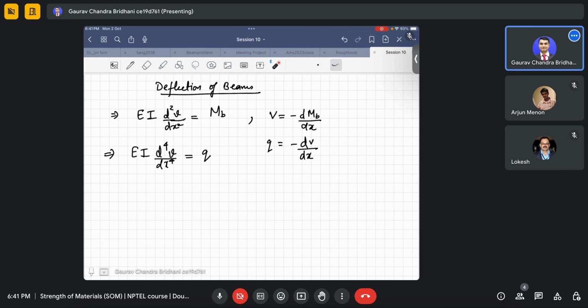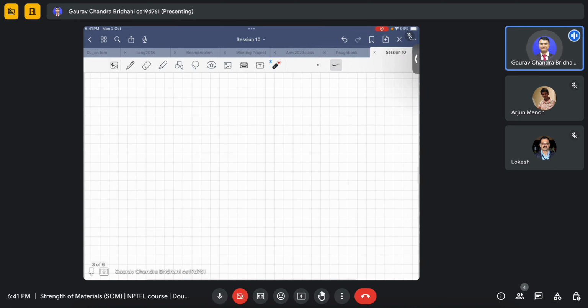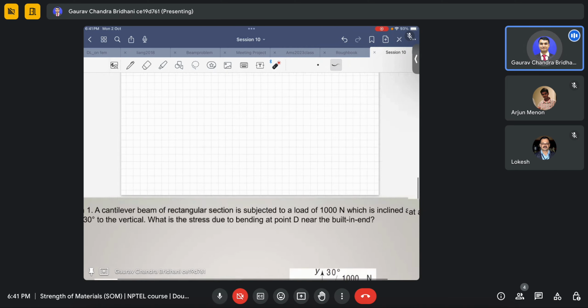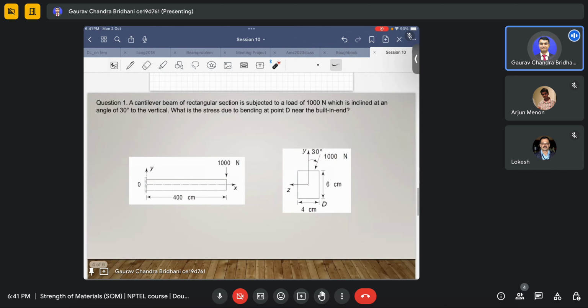Okay, so let's go to today's problem. We'll try to solve some problems on unsymmetrical bending and then some beam bending problems also. I have chosen this problem just to give you the flavor of how even in a symmetrical cross section we can encounter an unsymmetrical bending case.